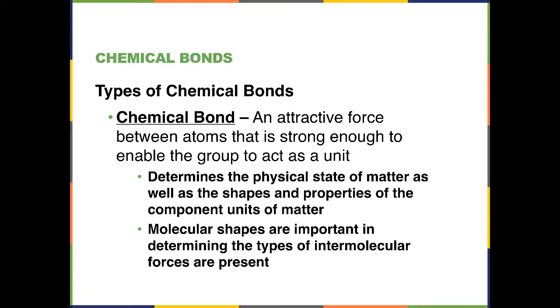Now, intermolecular forces are not the same as chemical bonds. Chemical bonds occur between atoms and form molecules. Intermolecular forces, inter meaning between, are forces that occur between different molecules.